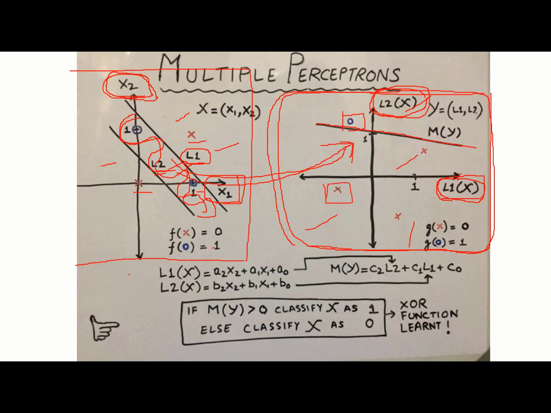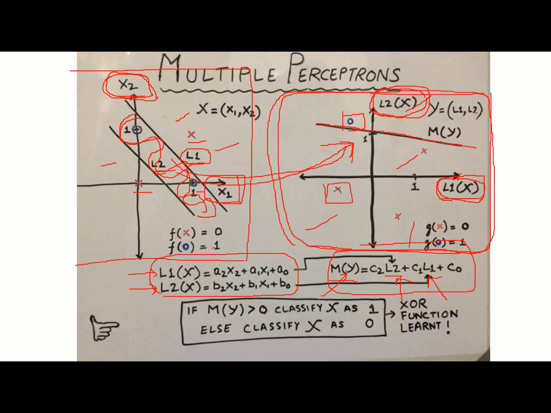So in summary, L1 and L2 were the two classifiers used at the first level of classification. At the next level of the classification, L1 and L2 themselves become the input of the next perceptron, which is M. Therefore, M of y is basically representing the data points formed by L1 and L2, two coordinates.